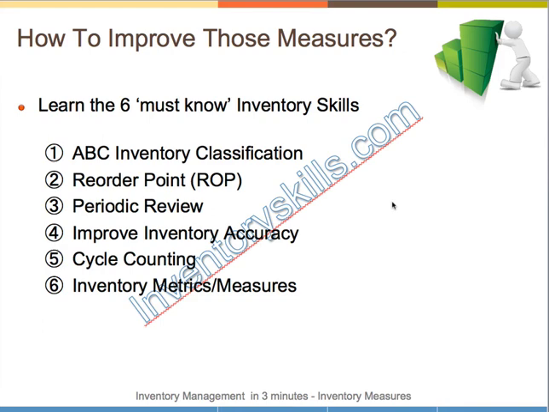Periodic review is another replenishment technique, looking at replenishing inventory on a regular period rather than using something like reorder point. Improving inventory accuracy is absolutely important if you're going to manage inventory well. Cycle counting is another tool that you might use to improve inventory accuracy and fix root causes. And of course you must measure.